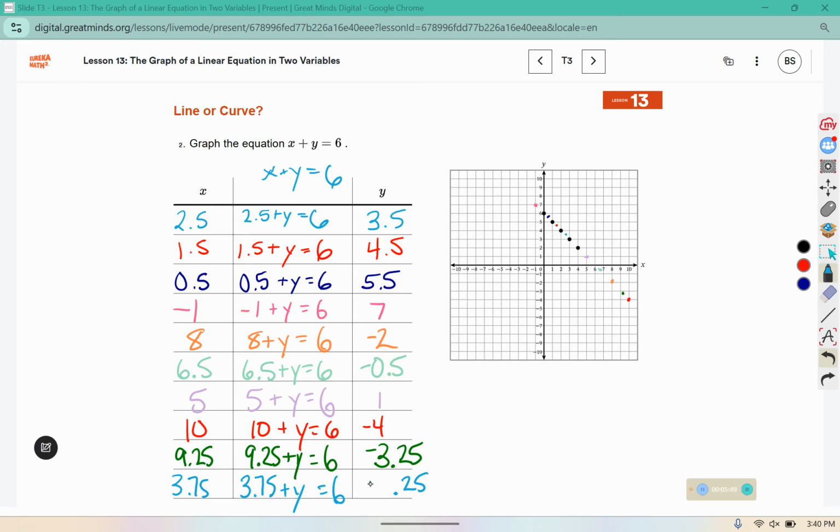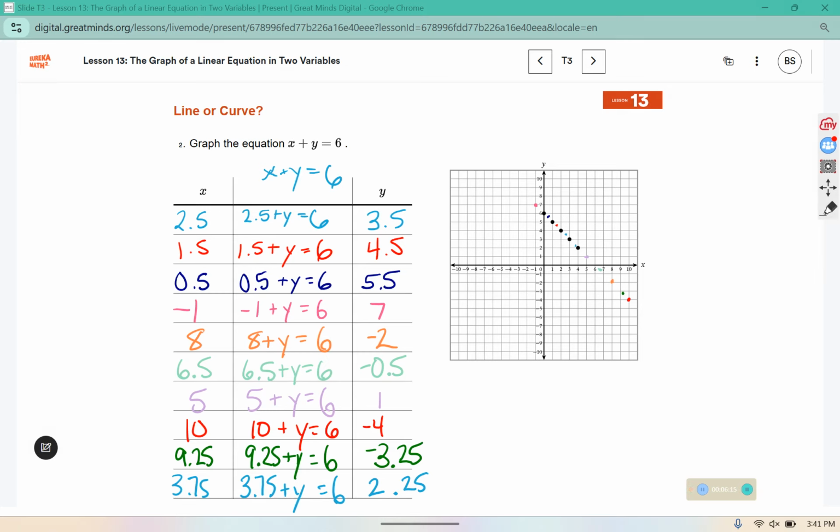That would put us at 4. So 4 plus 2 would give me 6. So 3.75 and 2.25. So you can see that the more information I add between the points, the more we start to see what type of line is created. And it's starting to appear to form a straight line or a diagonal line that is straight.